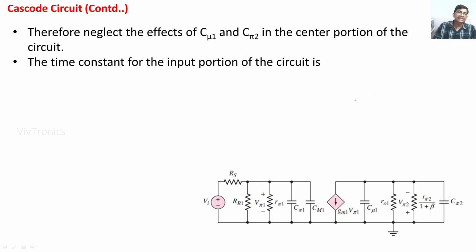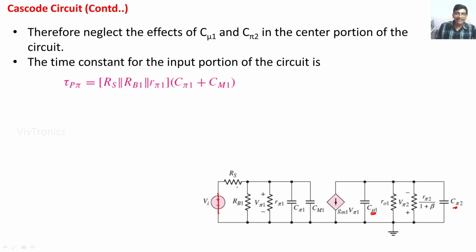Here we can neglect the effect of Cμ1 and Cπ2 in the center portion of the circuit. The time constant for the input side portion can be given as tau pπ, that is the time constant due to the Cπ capacitance. While calculating the time constant, we short circuit the input side.